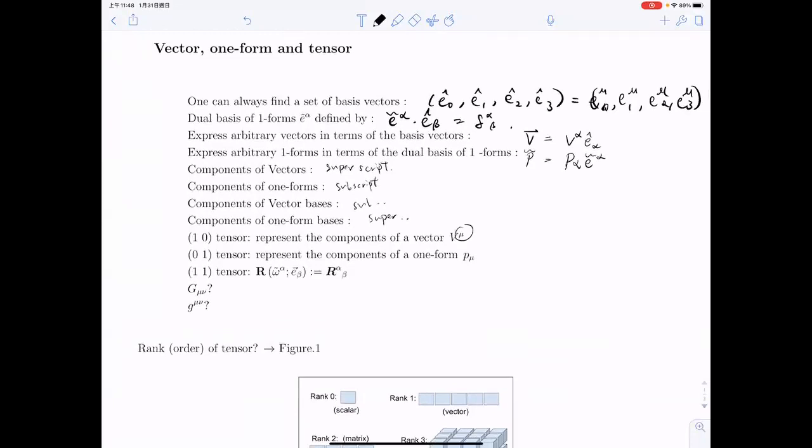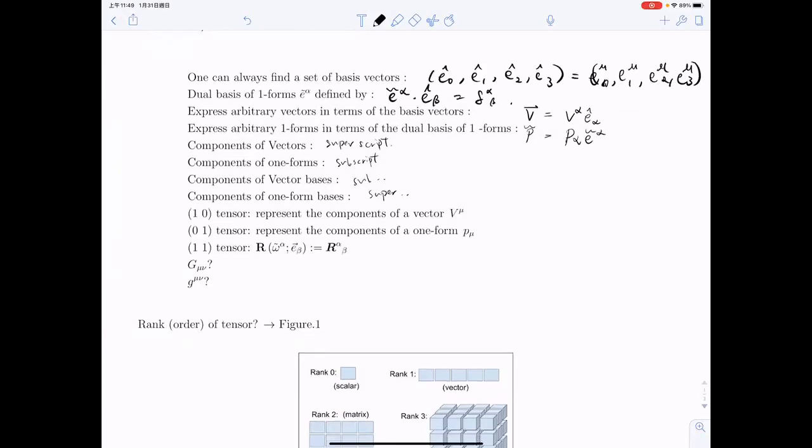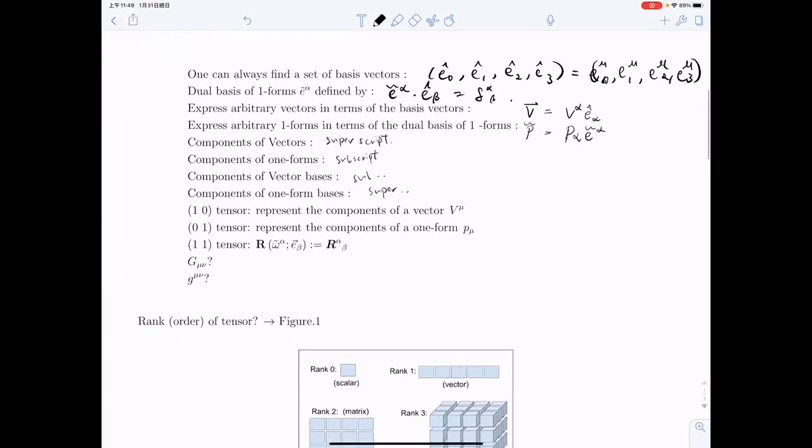There is only one superscript index and no subscript index, which is why a vector is a (1,0) tensor. Vectors, one-forms, matrices, anything can be a tensor. P nu, a one-form, is a (0,1) tensor because it has no superscript index and one subscript index.